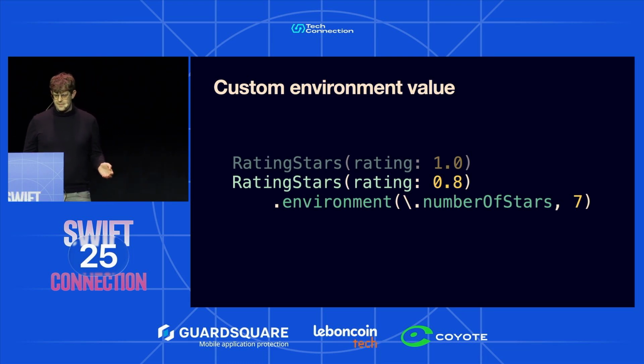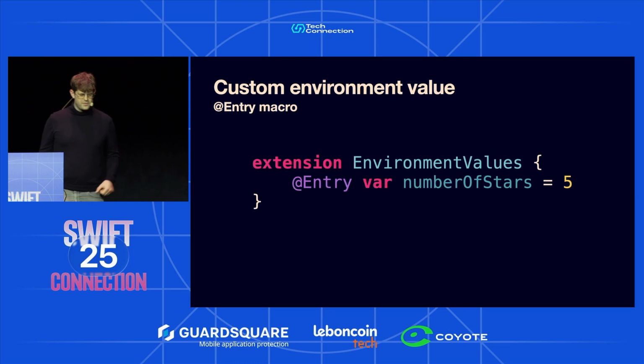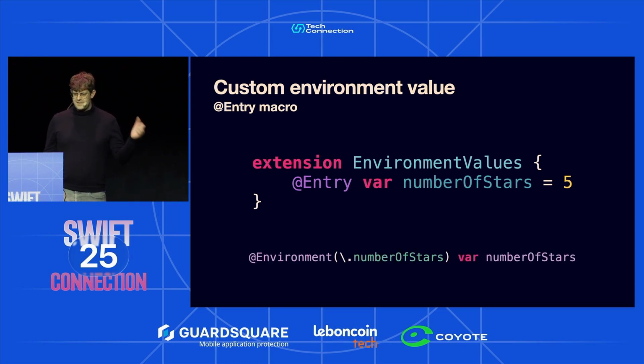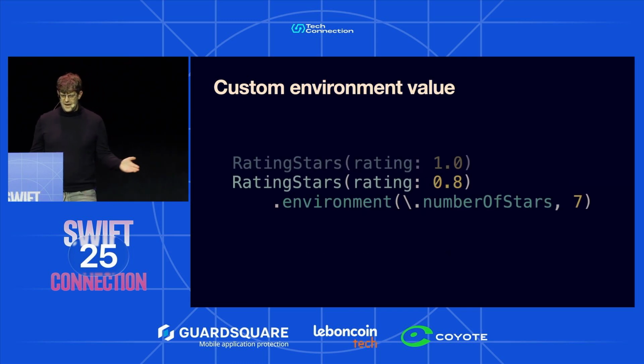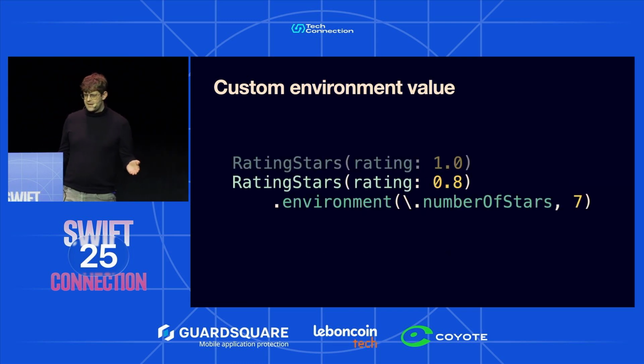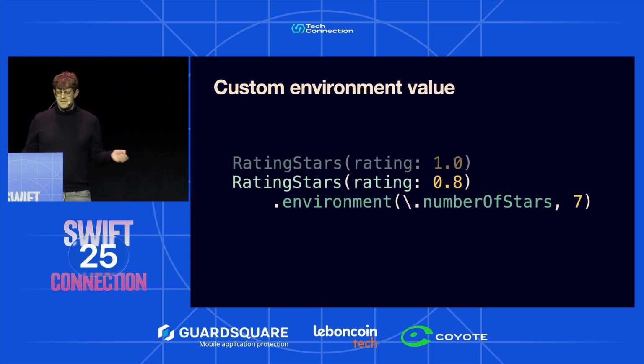You can even ignore it. You can build your own using the Entry macro on the environment values extension, allowing you to provide a default value and only listen to the actual value when you need it inside of your view with the @Environment. With that, you can use this kind of API, but we can still do better and more SwiftUI.